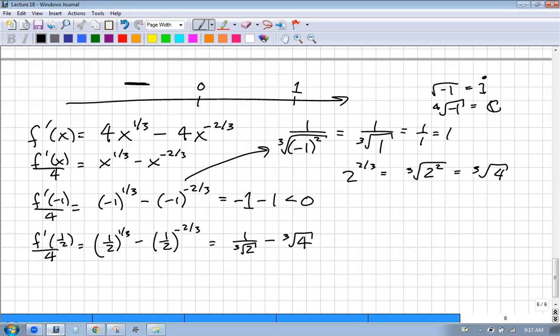So this is something we might want to type into our calculator. It's hard to tell if that's positive or negative by looking at it. We could do this to see which one's bigger, if we're comparing these.